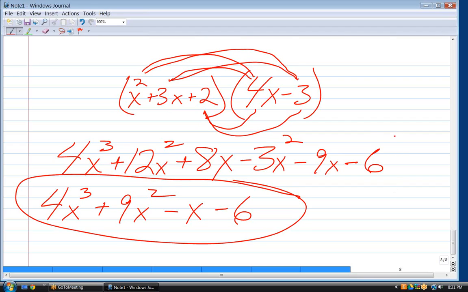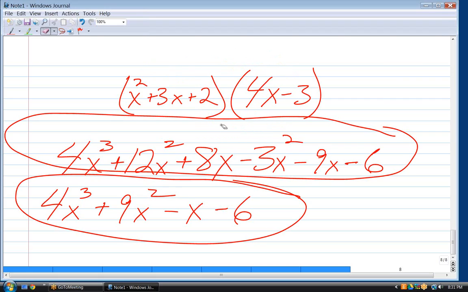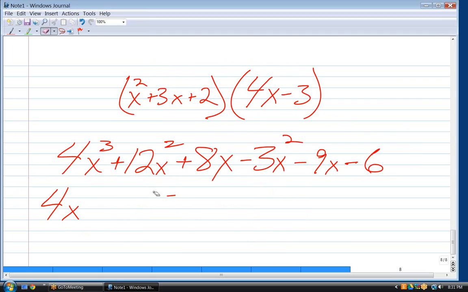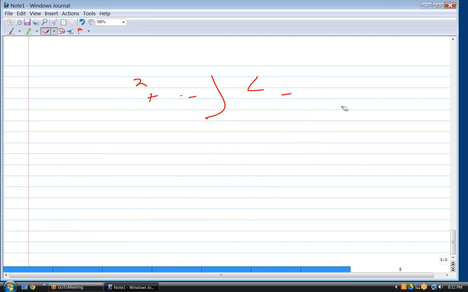Add them all together, you get this exact thing. Okay? So it doesn't really matter whether we have the trinomial on the left and the binomial on the right, or vice versa. If you find it easier having the binomial, then switch them. In other words, whenever you're multiplying, A times B is always the same as B times A. Okay.